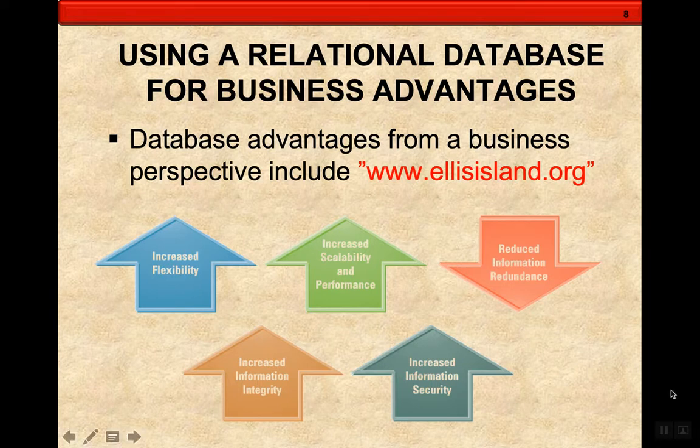And then there's the idea of reduced information redundancy. The discipline around this is such that when you create or capture data, you don't have to maintain it in multiple places. If you maintain information in multiple locations, you start running into the question of what is really the source of the truth.